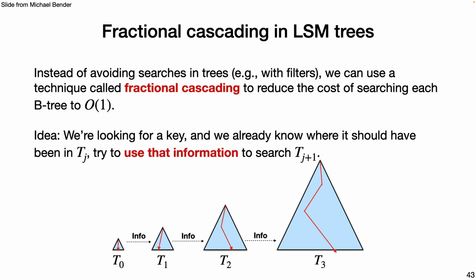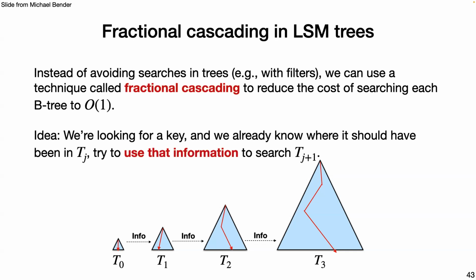Okay, so I'm going to move on from filters, but that's really good. Now I want to talk about this technique called fractional cascading, which is specific to LSM trees. The filters thing is more general: you can use it on top of any dictionary, or any application that might need approximate membership. But fractional cascading is specific to LSM trees.